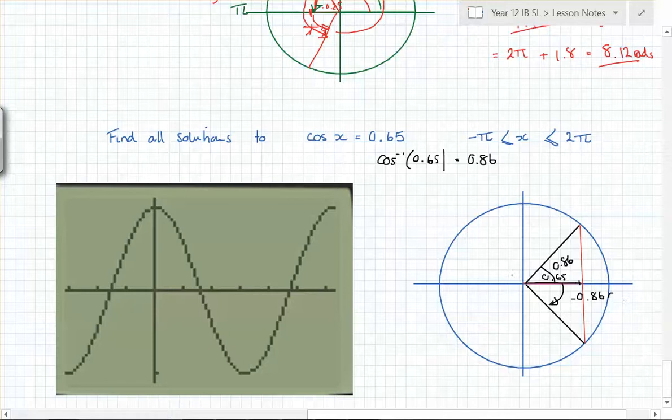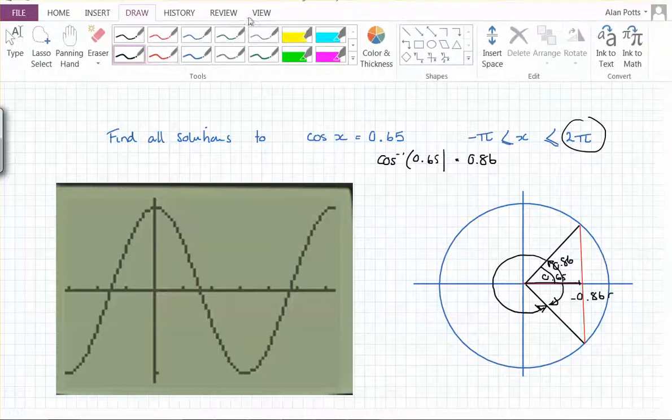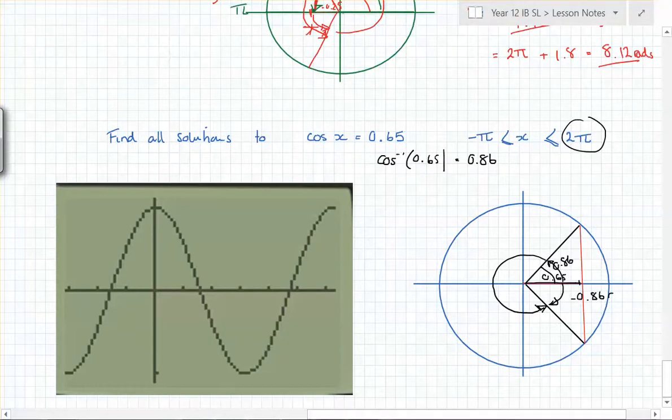Okay? Now, remember, in the positive turn, we can go to that line and then carry on all the way round to that line. We can do both. In the negative direction, we can get to this line, but then we only go that far, so there's no other solution. Alright?